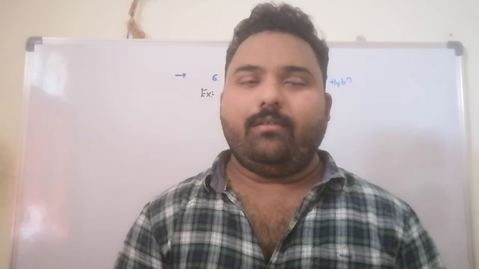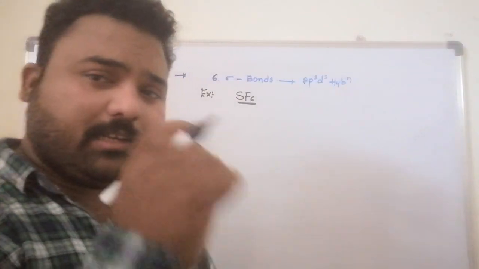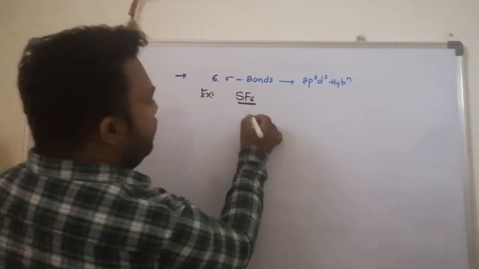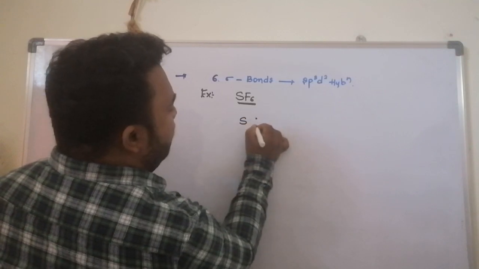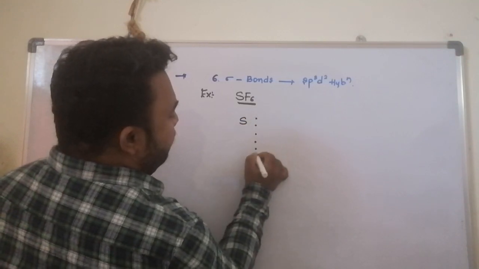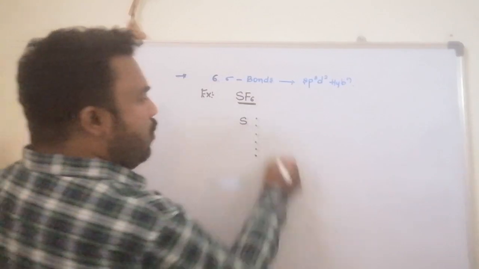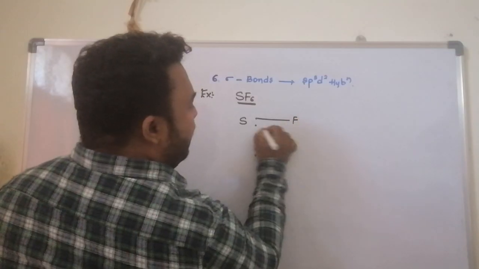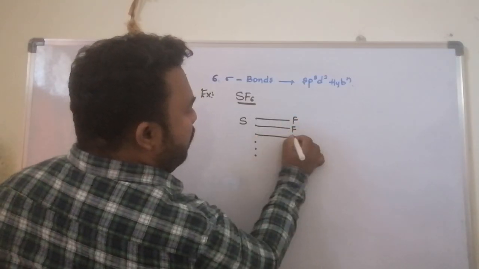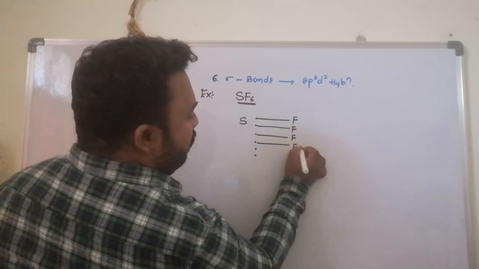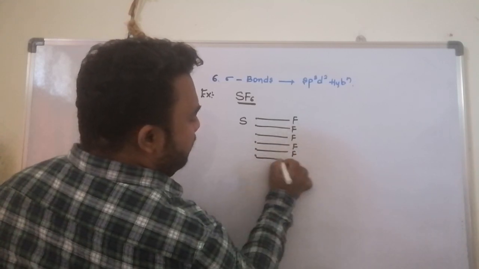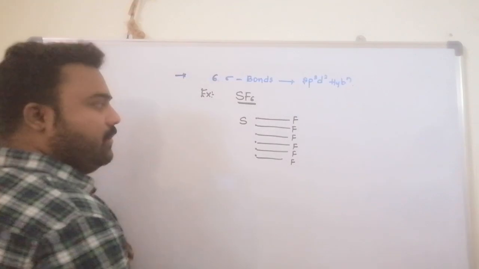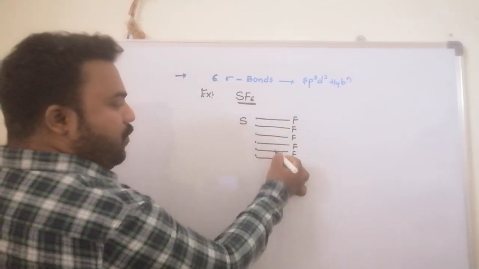Sulfur belongs to the 16th group, so it has a total of 6 valency electrons: 1, 2, 3, 4, 5, 6. These 6 valency electrons are bonded with 6 fluorines to form 6 sigma bonds: 1, 2, 3, 4, 5, 6.